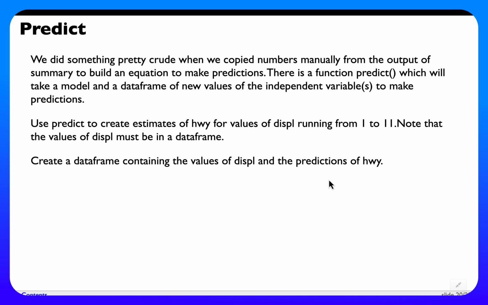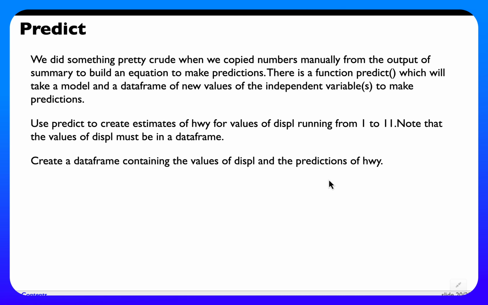So what we did when we manually created that model, we just copied numbers from the output of summary. There's actually a function built into R which enables you to get predictions. So I want you to use predict to create estimates of highway for values of displacement running from 1 to 11.